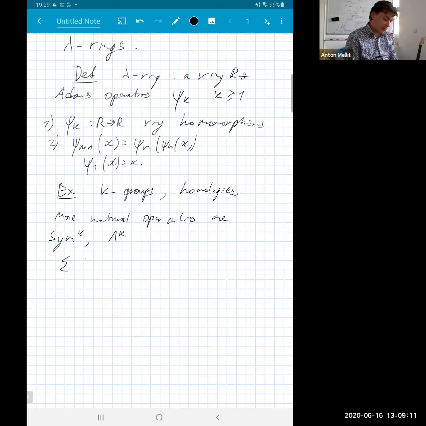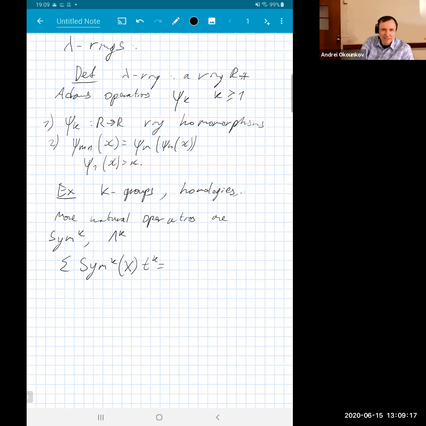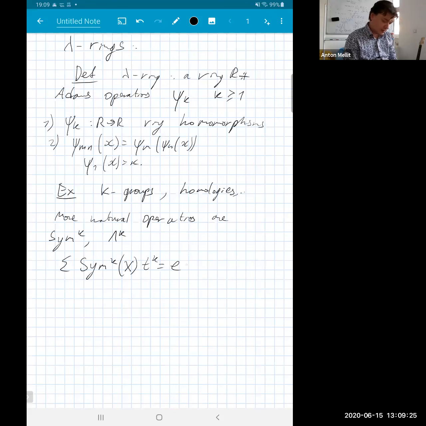But it's only over rationals they can be expressed, no? Yeah, I assume that all my rings contain rationals for simplicity. Of course, you can do more sophisticated things. So this is a formula.